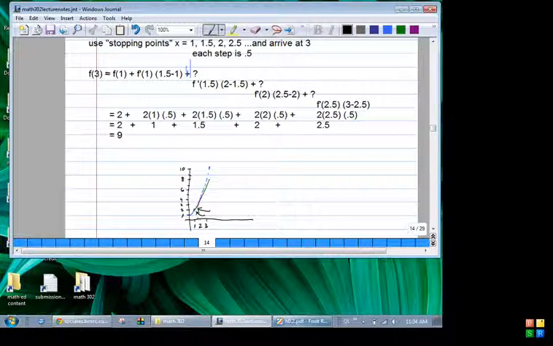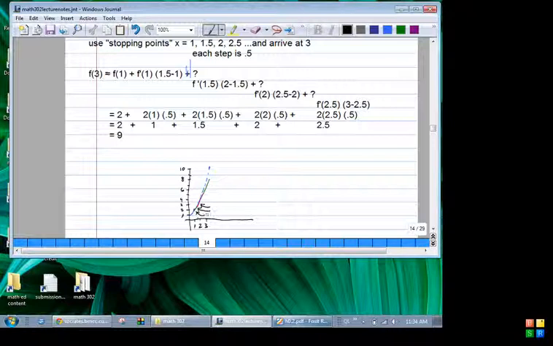Then from there, I don't want to keep following the same slope. Now I'm going to use a new slope, the slope at x equals 1.5. So I make a new linear approximation from there, and that is the red segment. That takes me all the way up to x equals 2.